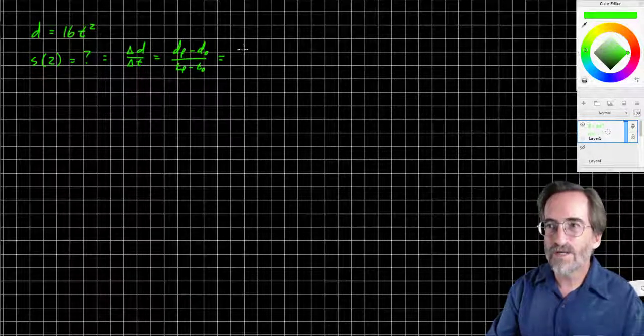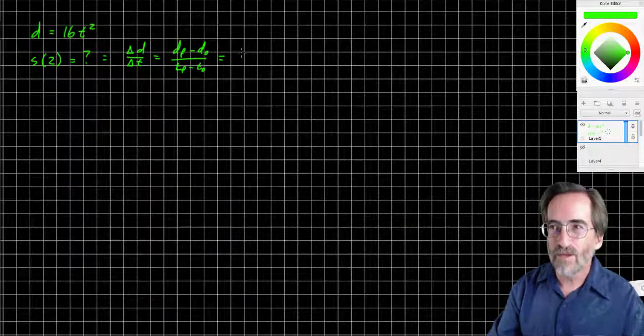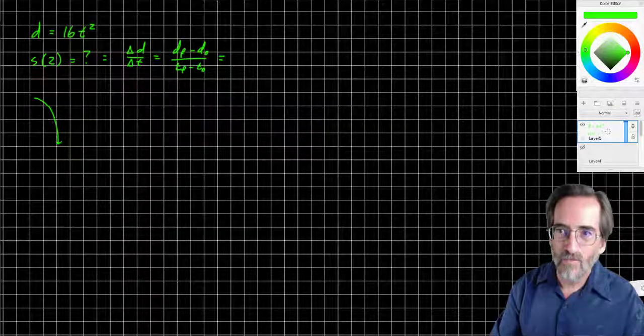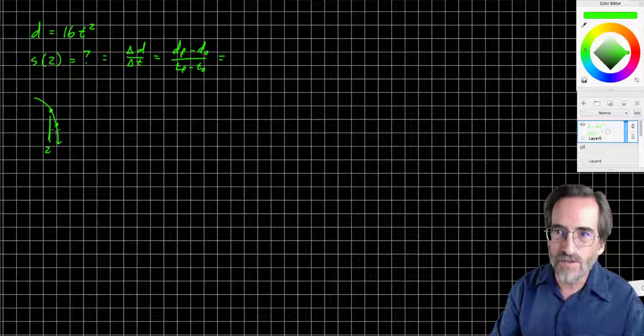But the way it worked out was this. We took the displacement at 2 seconds. So the object is falling, right? And we take the displacement at 2 seconds and a little bit more, so here's 2 plus h. We take the displacement at both of those times: displacement at 2, displacement at 2 plus h.